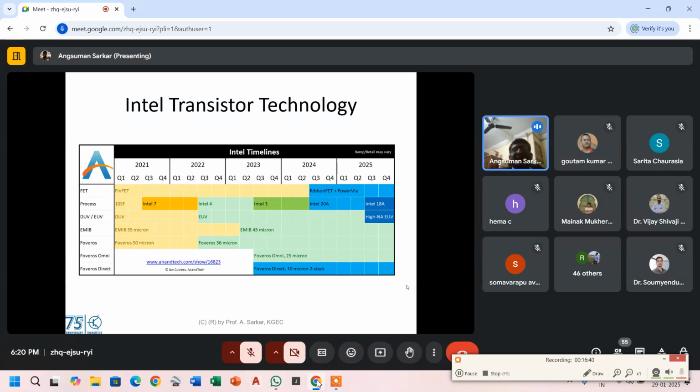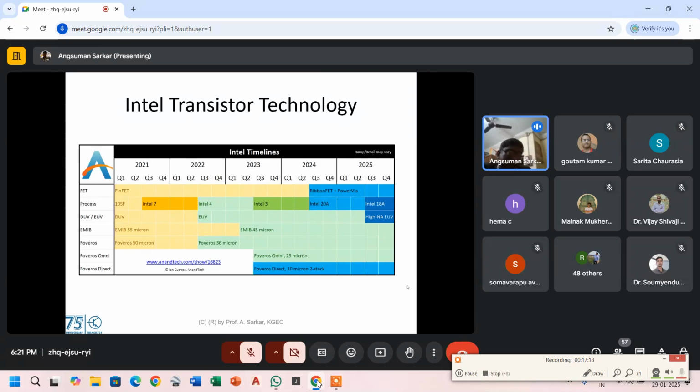They planned to use FinFET technology up to the second quarter of 2024, and then replace it with a concept called RibbonFET. But unfortunately, as I said, maybe RibbonFET will be introduced later. So right now they are still relying on FinFET technology, which was started with 11 nanometer FinFET technology.